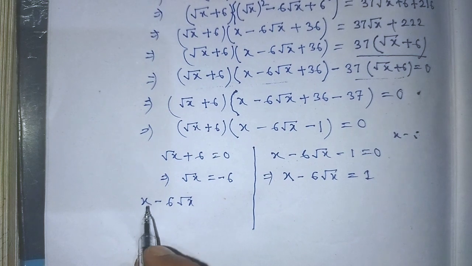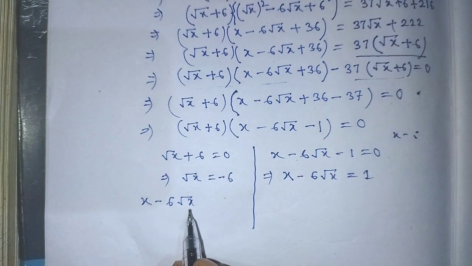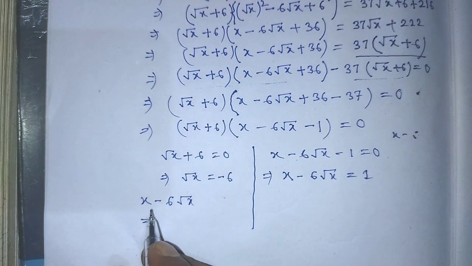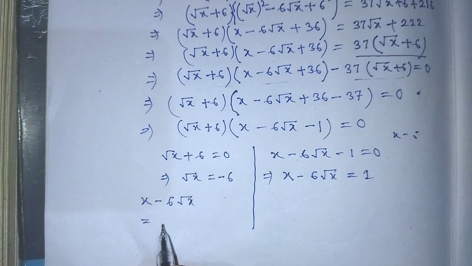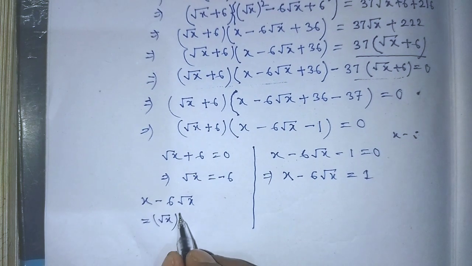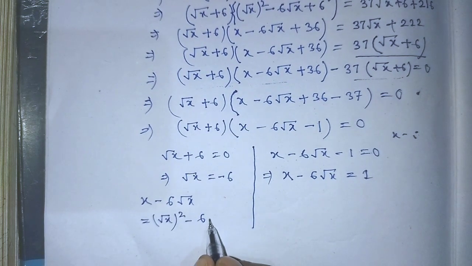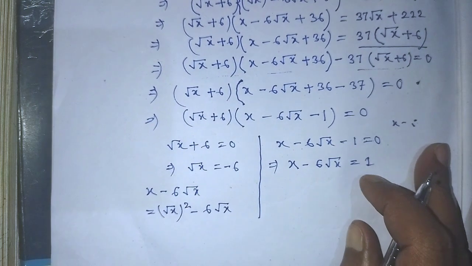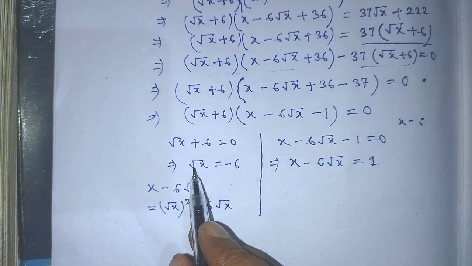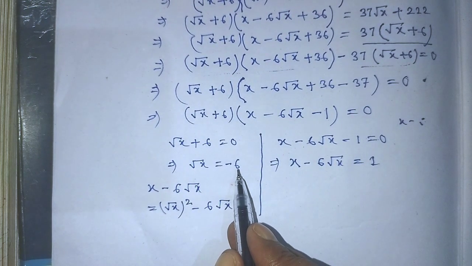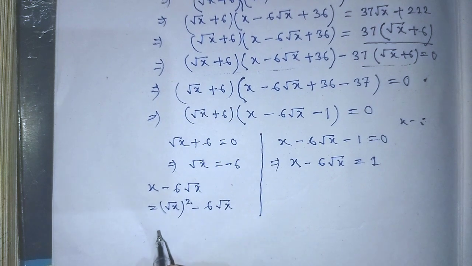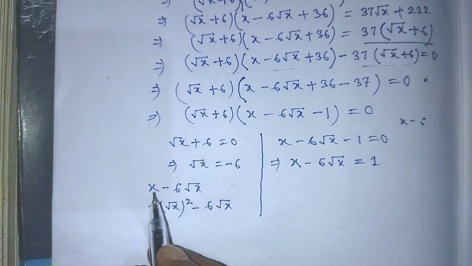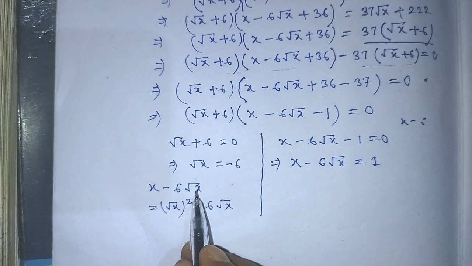So student, when the value of root x is equal to minus 6, at that time the value of x minus 6 root x will be, so first of all we have to write x in terms of root x. So we have to write in here root x whole square minus 6 into root x. Okay student, now we have to put the value of root x is equal to minus 6 in this algebraic expression. Then you get the value of x minus 6 into root x.